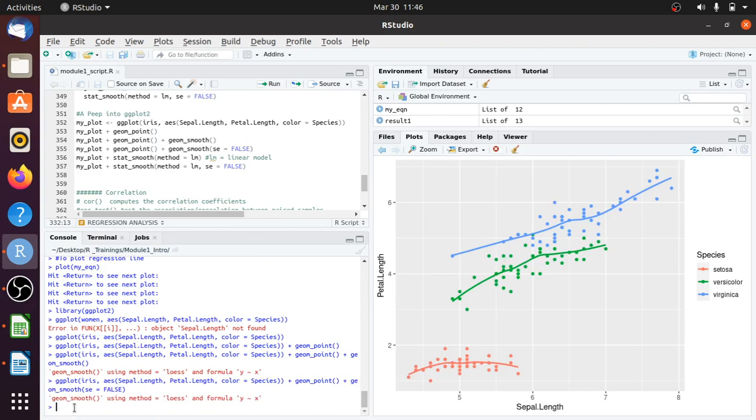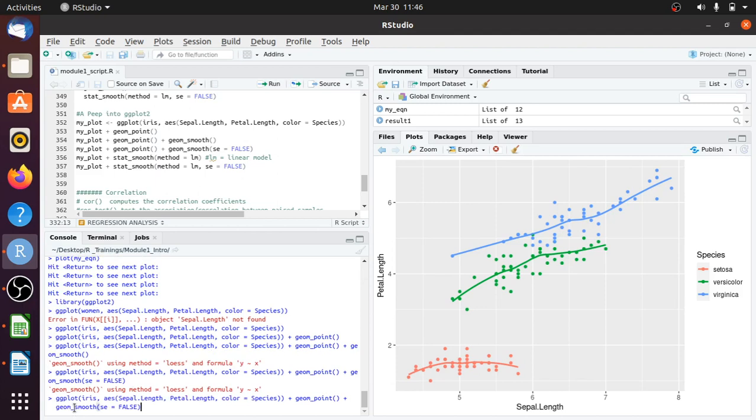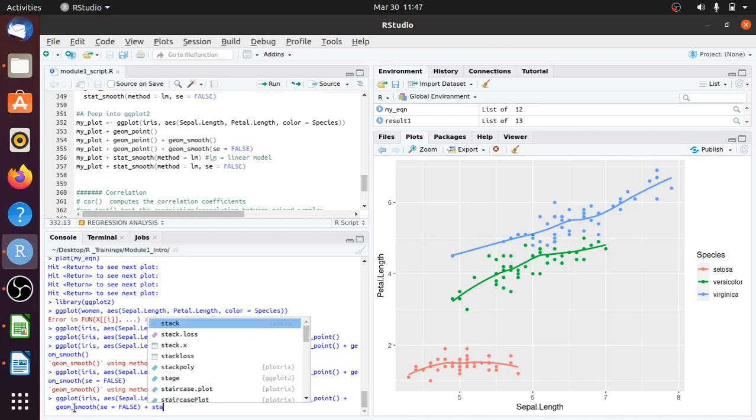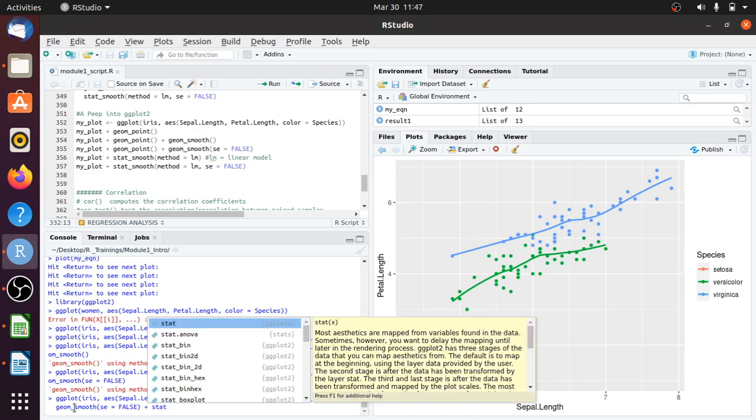Okay, let me now inform it. I now need a linear model added to this. Say stat_smooth.